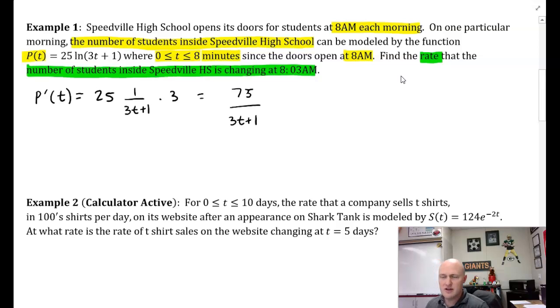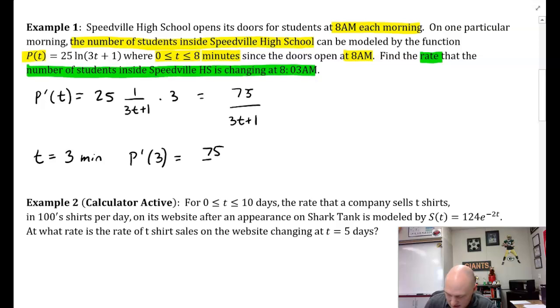So there's my derivative, and we want to find out, well, how's it changing at 8:03? At 8:03. Well, this function P is minutes after the doors have opened at 8 a.m. So if I wanted at 8:03, t is equal to 3 minutes. So I'm going to evaluate P prime at 3.